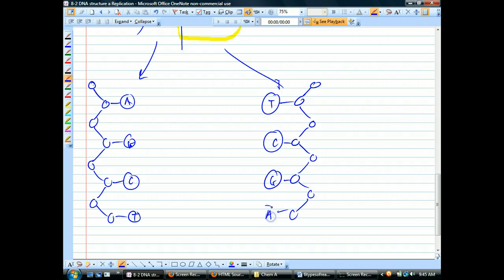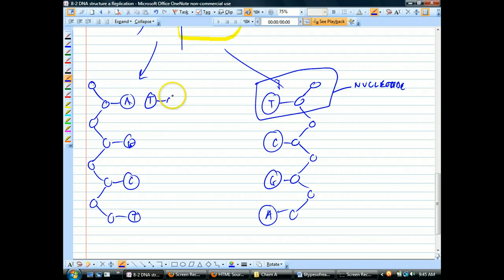Now, let's say I had a bunch of these individual units, which are called nucleotides. Let's say I had a bunch of nucleotides floating around in the nucleus. A bunch of those pieces. They would actually be attracted to each side of this thing, and they would start to match up like this.